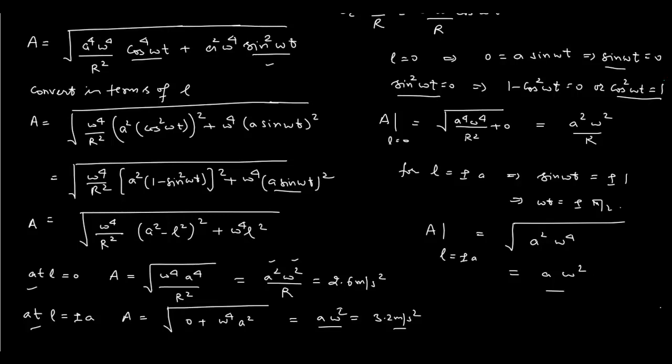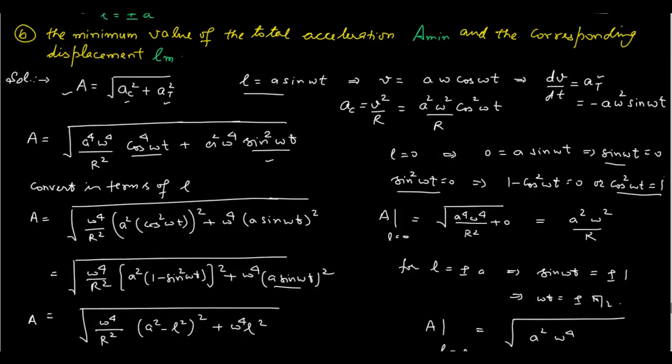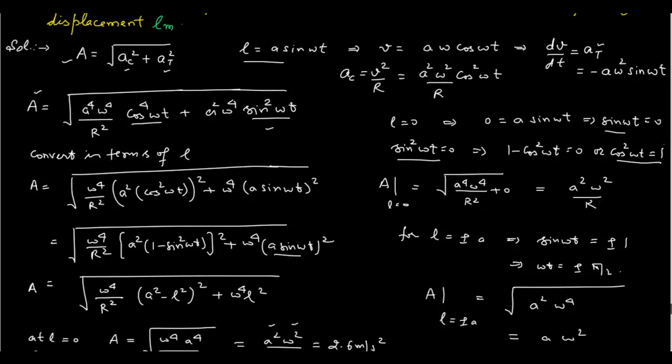Now in the second part, B part, we have to find out the minimum value of the total acceleration. This can be achieved by differentiating this equation with respect to t, or you can get the same result by differentiating this part with respect to t. It's your choice.